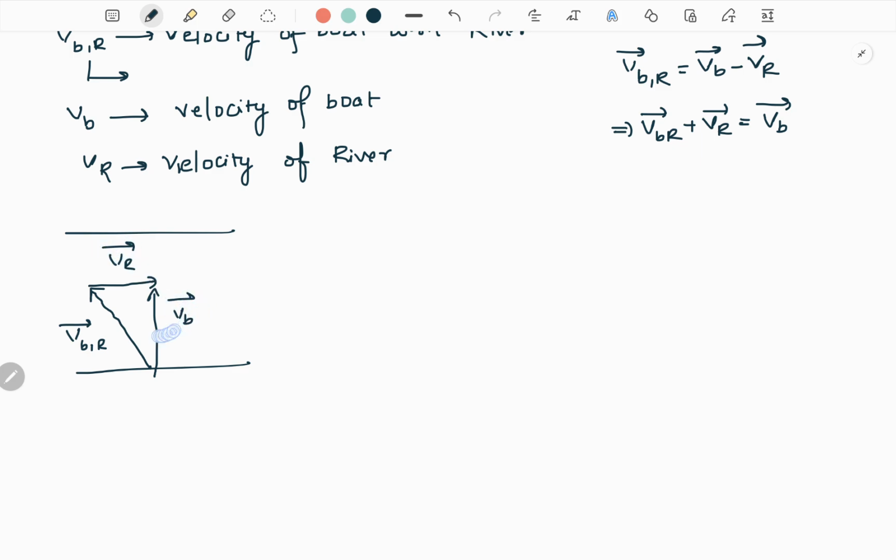So we have to drive at a certain angle with the river flow such that VB would come perpendicular to the river flow. So we should drive something like this.